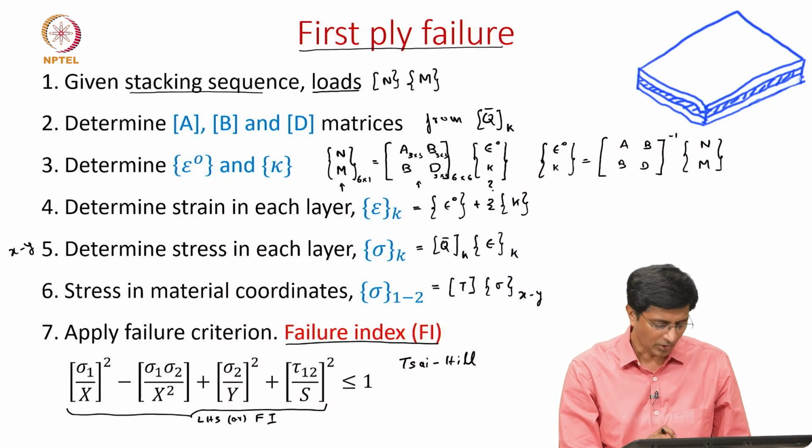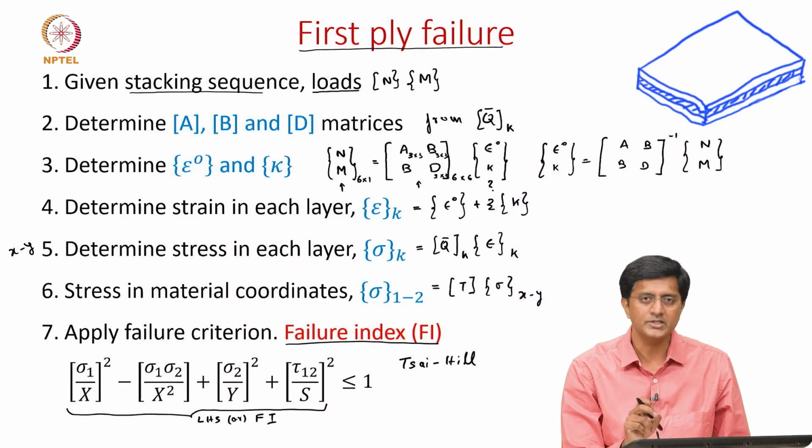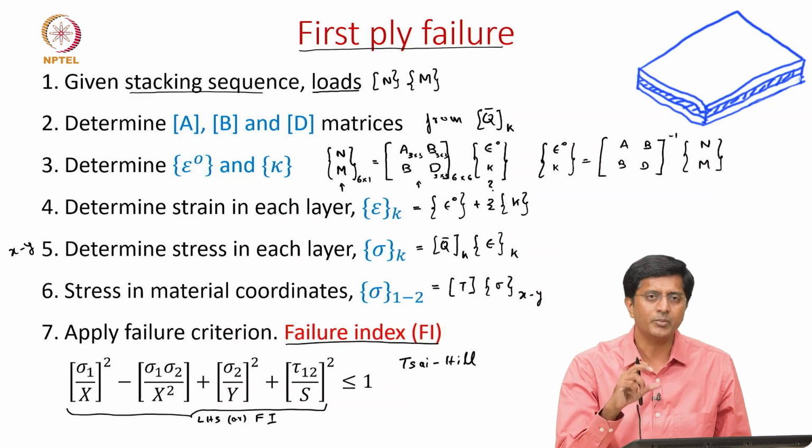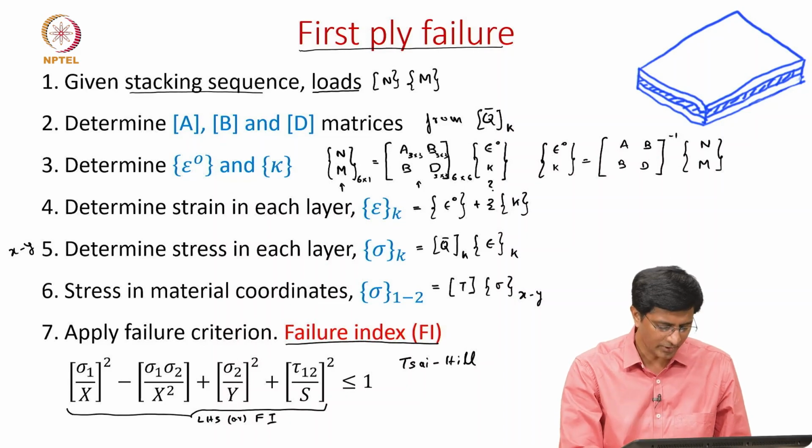Now the idea about failure index is if it is equal to 1 or more than 1, then that particular layer fails according to this failure criterion. For example, here it is the Tsai-Hill. But if it is less than 1, then the material is safe.